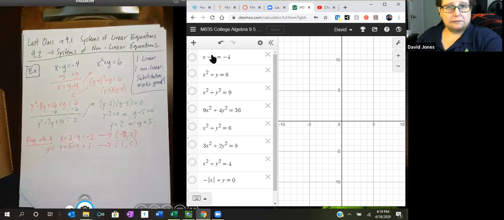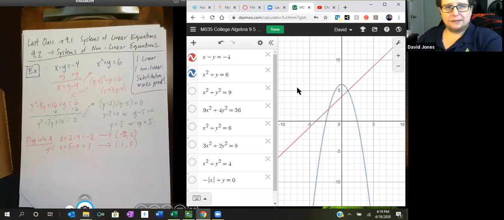Does that work? I have them set up in Desmos right here. Let's take a look. -2, 2 is where they intersect. And they also intersect at 1, 5. So that worked. So this came up with more than one solution, but not infinite. There were 2 points of intersection.